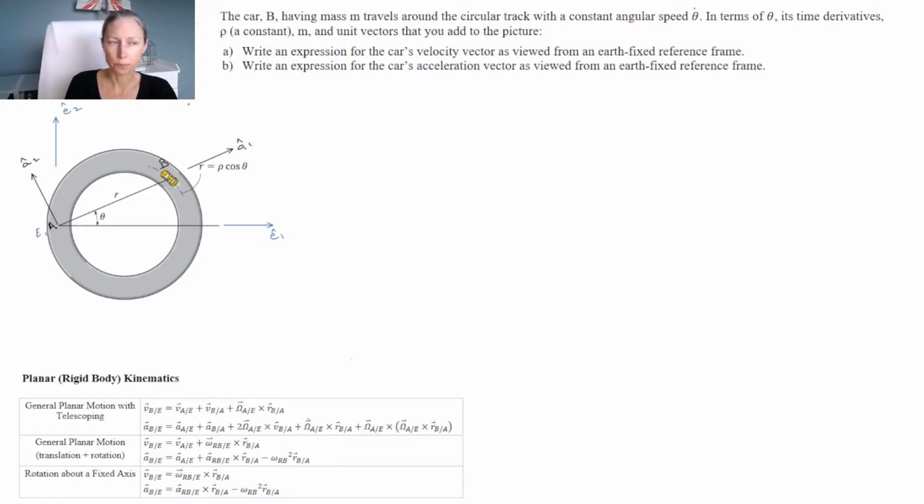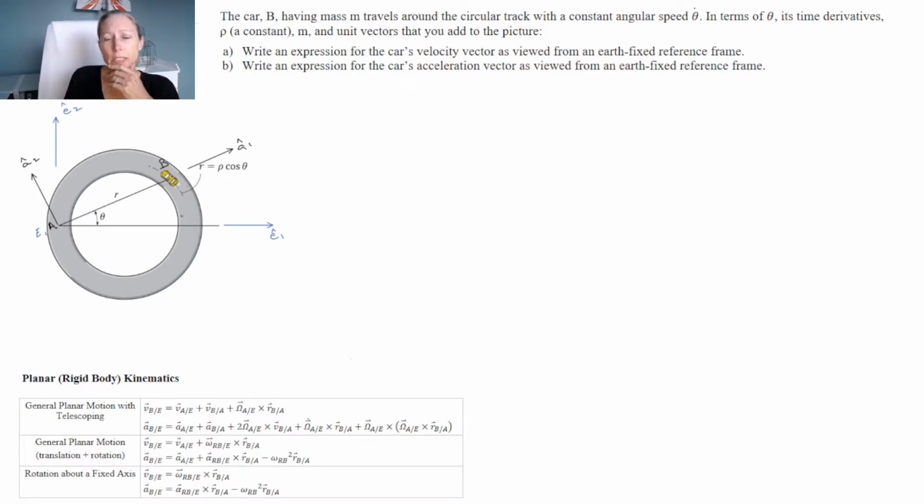Okay. So now I said we were going to use the rigid body kinematic equations, and you might be looking at this thinking that this is rotation about a fixed axis, but be really careful because we said that the axis of rotation is over here at A, and that means that r, the distance from A to B, is not constant, so we have to be really careful.